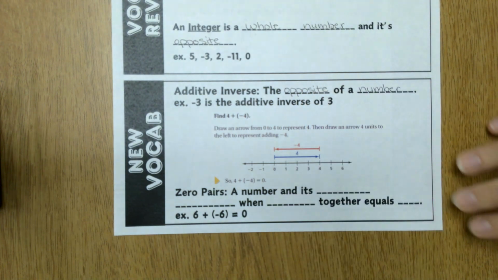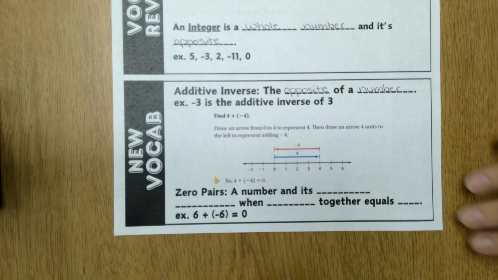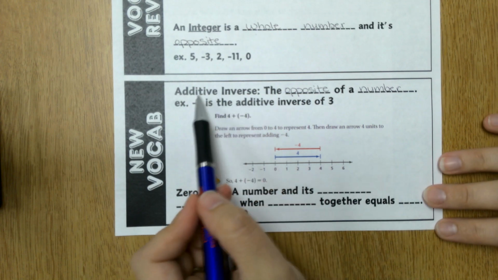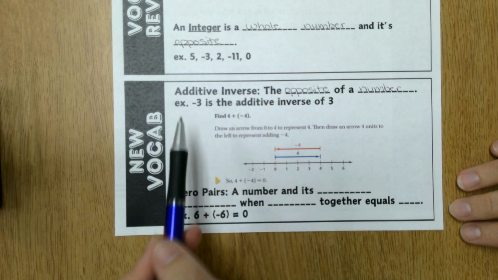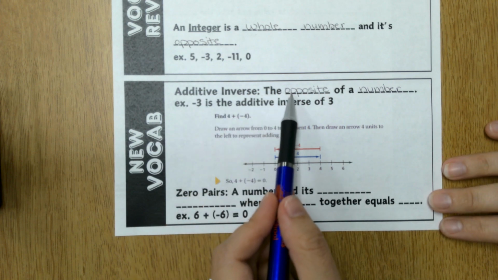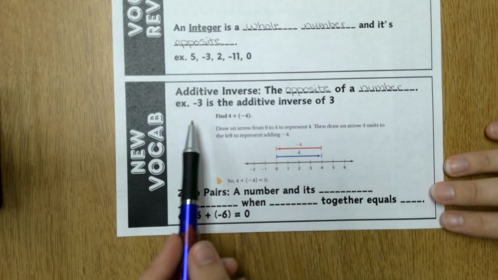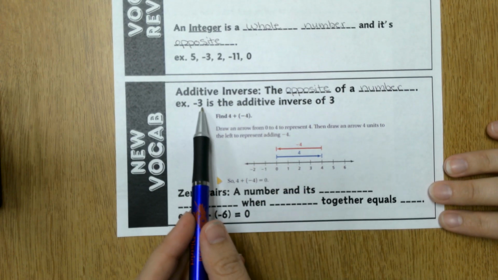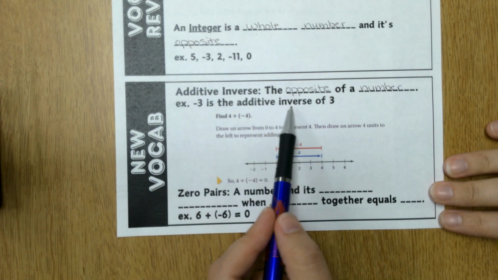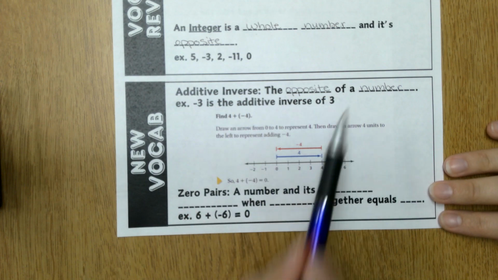That's it. So sometimes we get a little excited about our words in math and make them a little bit more complicated, but this isn't a hard one. Additive inverse just simply means it's the opposite of a number. So for an example, -3 is the additive inverse, or the opposite of 3.